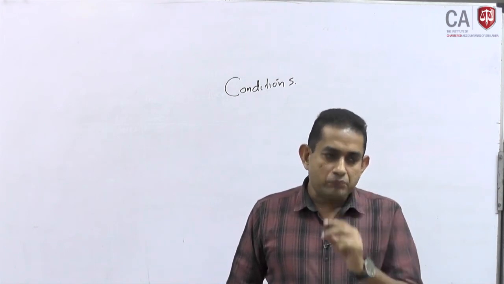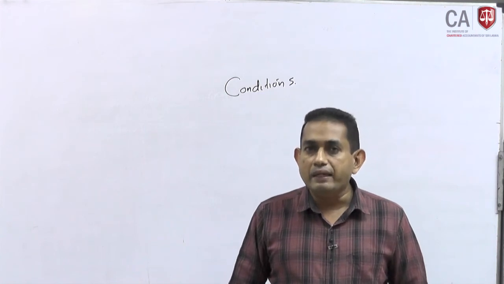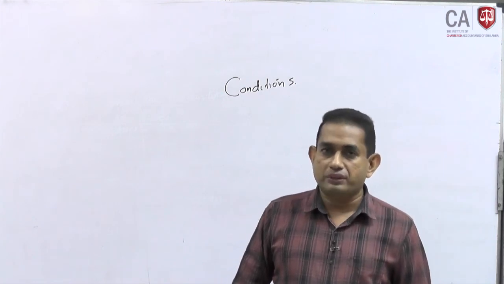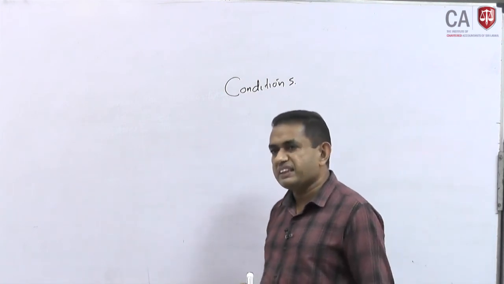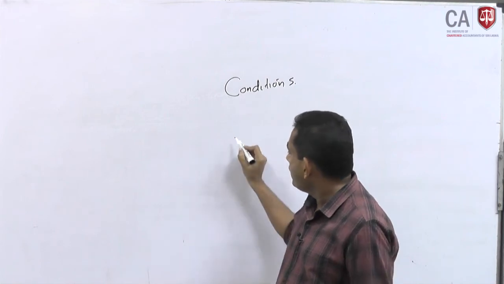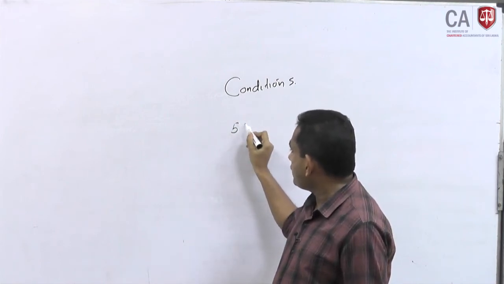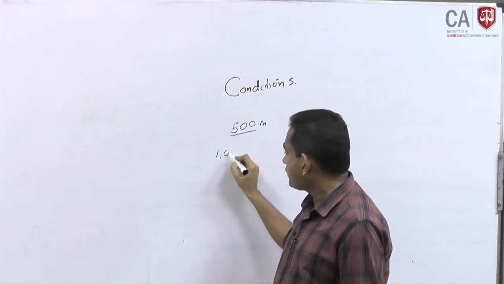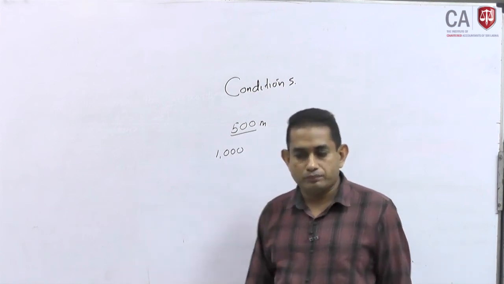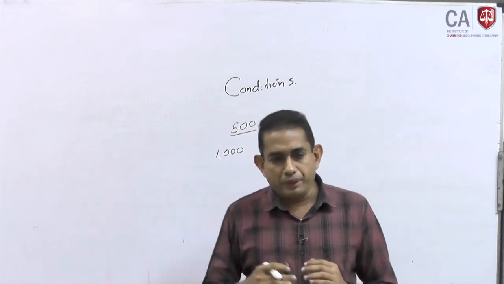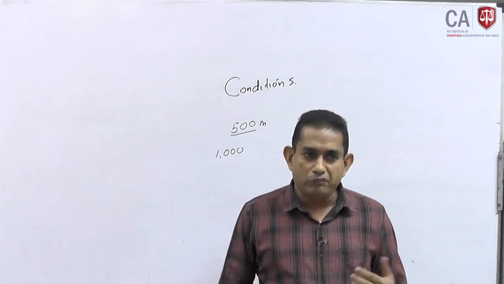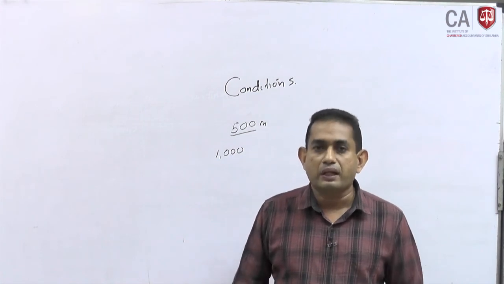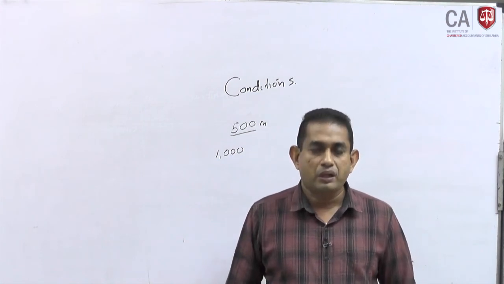There has to be a reasonable assurance that the entity will be able to comply with the conditions of the government. Now, let me take the very first example I took. The government decided to give us land worth 500 million rupees on the condition of being able to create 1000 job opportunities. And we are pretty sure, as clear as crystal, that the government will never break the promises. Let us forget about the Sri Lankan government existing now, we will think of another country's government which never breaks the promises.